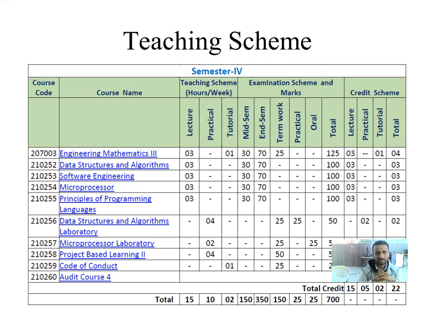So this is the teaching scheme, that you should know which subject we are going to learn, how we are going to complete the syllabus, and how your examination will be. With the help of this teaching scheme, you can easily understand these things.